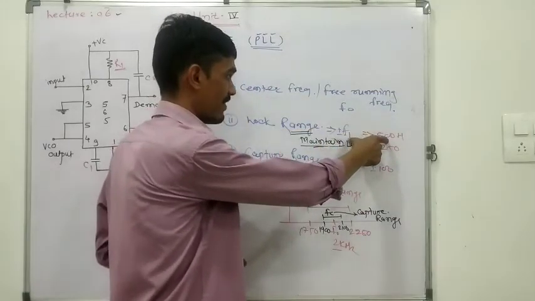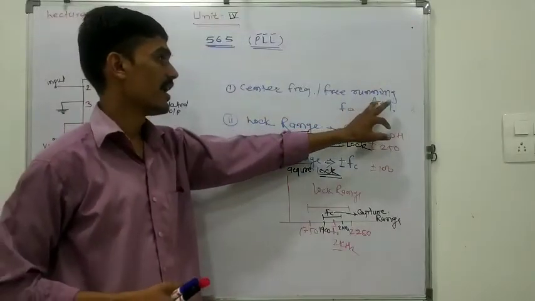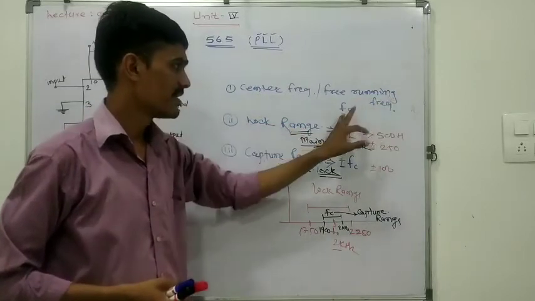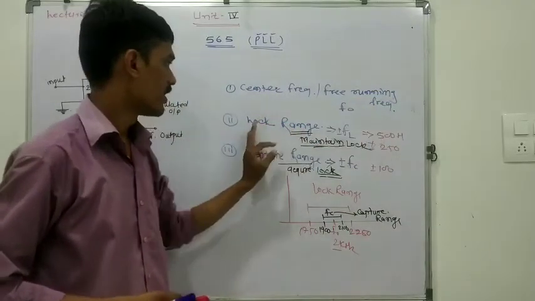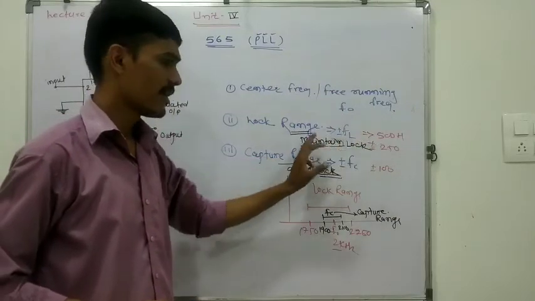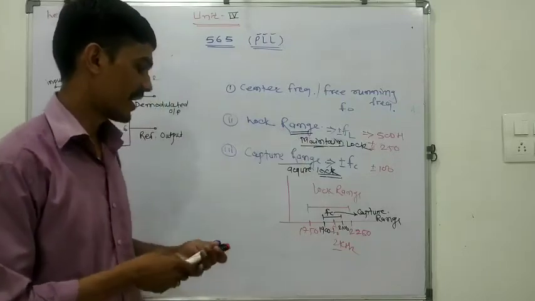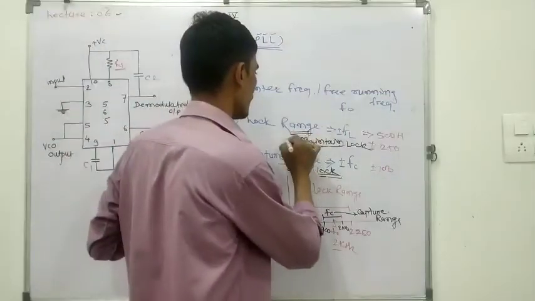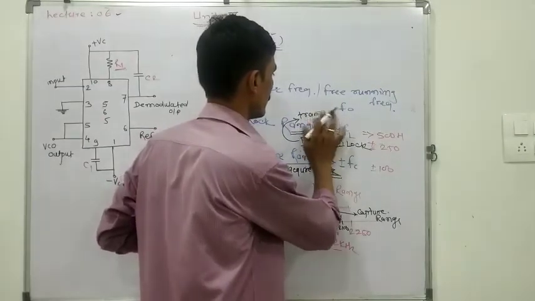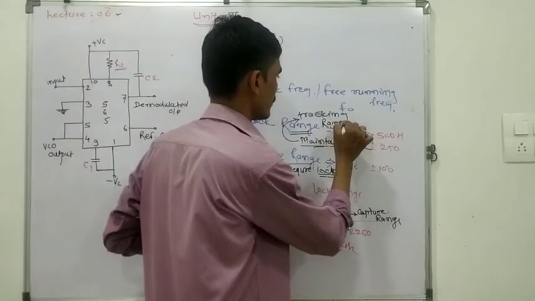So we have three different frequencies. First is the center frequency, or the free running frequency, denoted by F0. Then the lock range is denoted by plus minus FL, over which it maintains the lock, or we can say it is a tracking frequency, a tracking range.